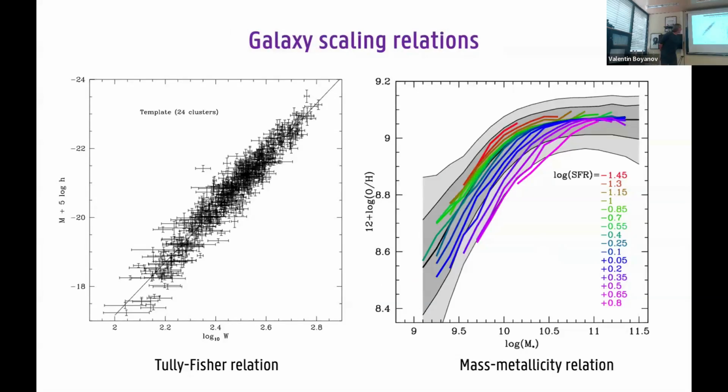Also, there are a lot of scaling relations in galaxies. That means we have a lot of correlations between different physical parameters which are not expected a priori. For example, here you have the Tully-Fisher relation on your left. That is a correlation between, here this is just the luminosity, so the intrinsic brightness of a galaxy, and this is the width of the HI line.